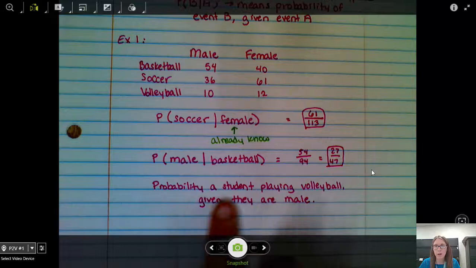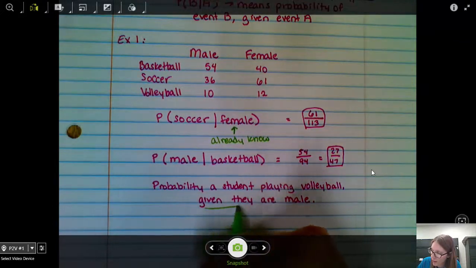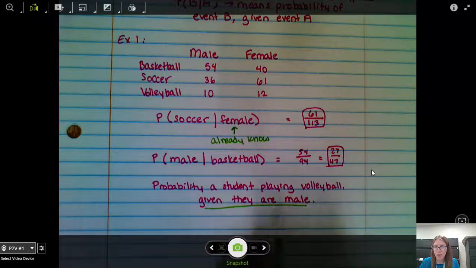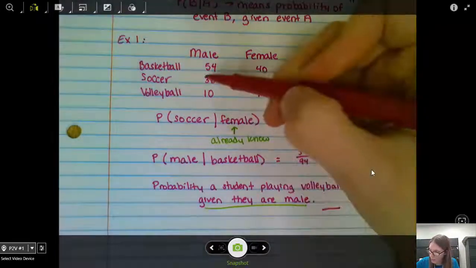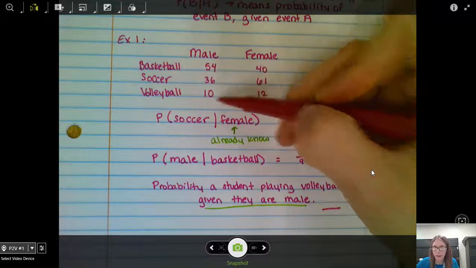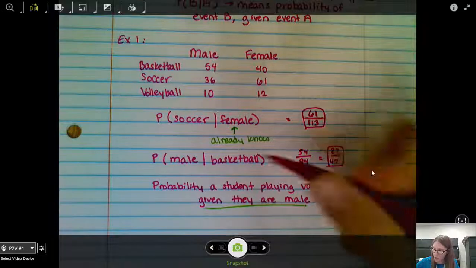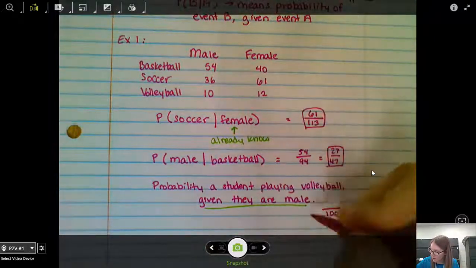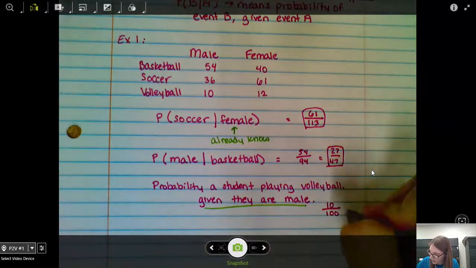So sometimes your conditional probability that we're trying to find is written out in words. Probability of a student playing volleyball, given they are a male, we know that they are a male. So our total number of male students will go on the bottom. There's 100 male students. Only 10 of those male students play volleyball. So 10 out of 100 is 1/10.